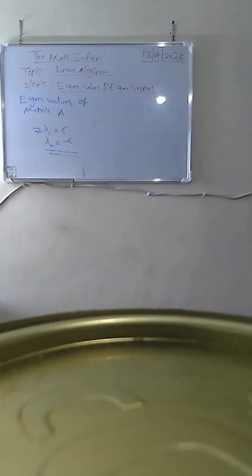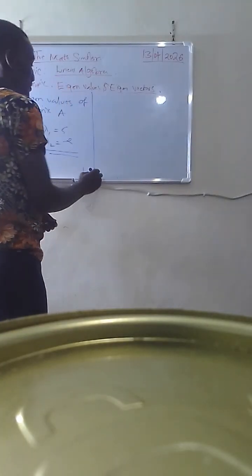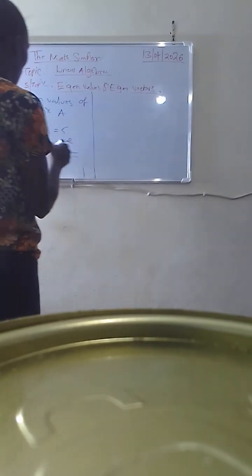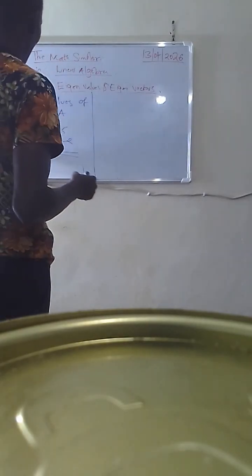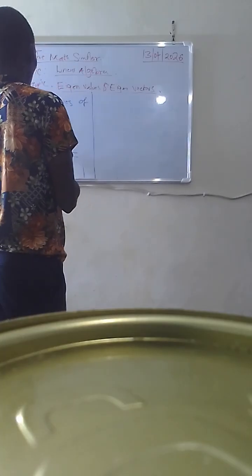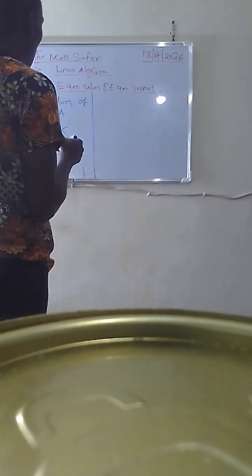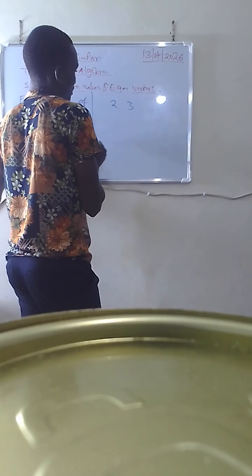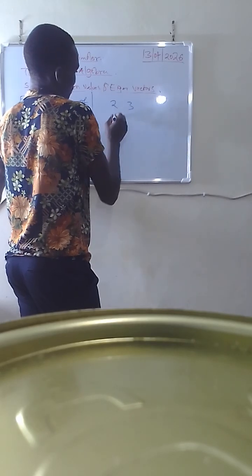To get the eigenvectors of that, we'll have 2, 3, then 4, 1.